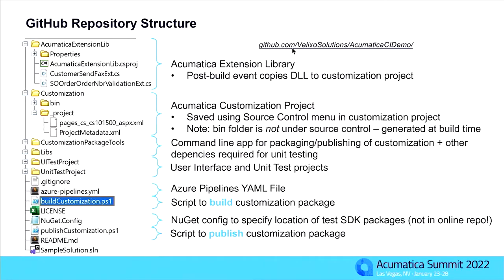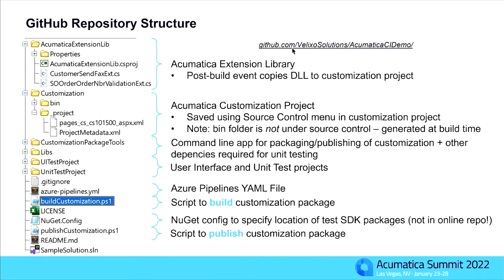This contains all the artifacts that are not part of your Visual Studio solution. So your page customization: if you added a control to the invoice screen, that will be in an XML file. If you added database fields, it will be one more XML file. When you use the Acumatica source control integration, it spits out a folder that I also keep in my GitHub repository. And this is important, and you will understand why as we progress towards a working solution.